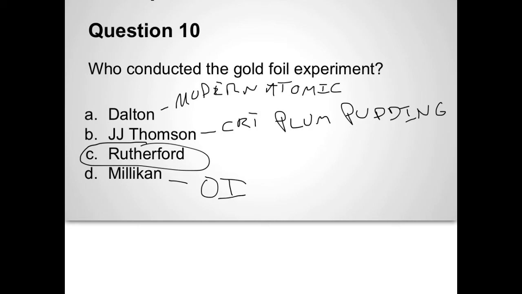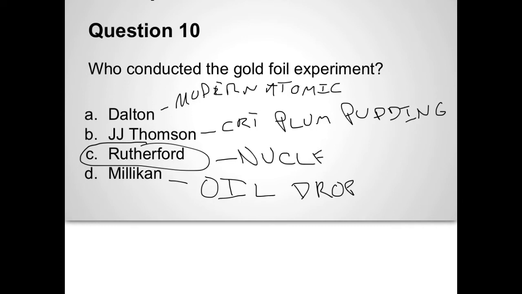You kind of need to know who these people were and what their contributions were. So Dalton, Thomson, Rutherford, Millikan. Know what their models were, know what their experiments were, if that applies, like Thomson, Rutherford, and Millikan all had specific experiments attributed to them. Thomson discovered the electron, Rutherford came up with the nuclear model.